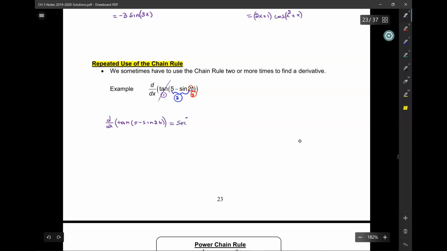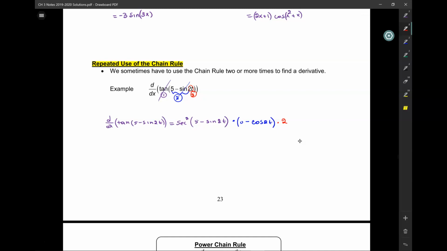So it's secant squared of everything. Okay? Then times the blue. So the derivative of 5 is 0 minus cosine 2t times the derivative of 2t, which is just 2.